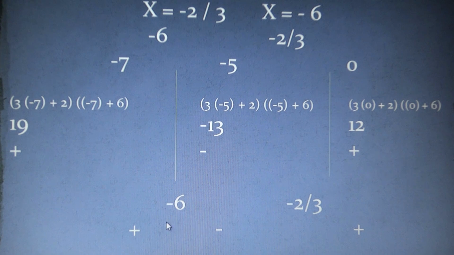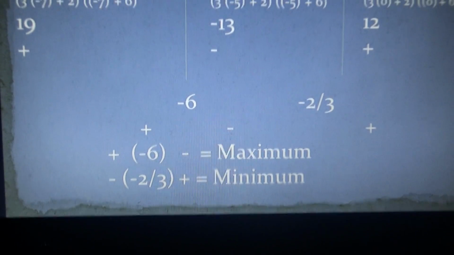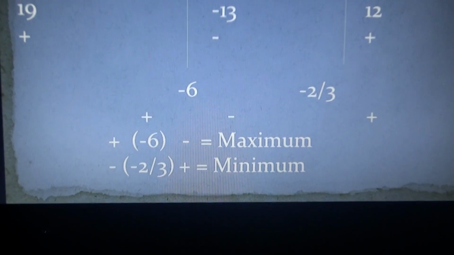That means that from the left side of -6 it is positive. From the right side, it will be negative. For -2/3, from the left side it will be negative, and from the right side it will be positive. That means that -6 is actually a maximum, and -2/3 is a minimum.